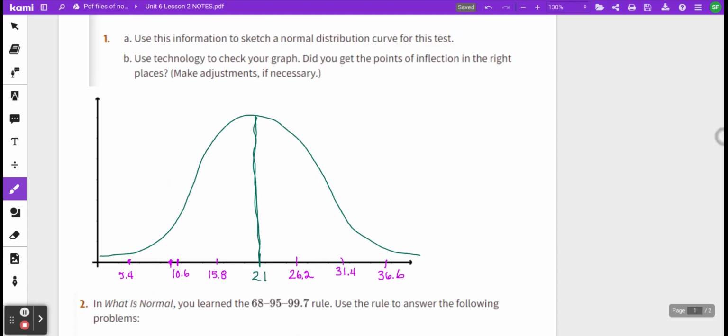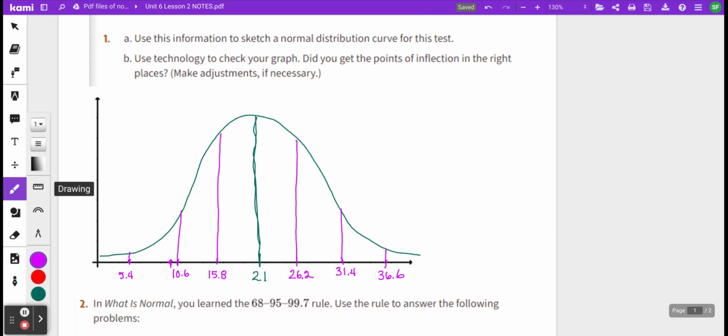Okay. And I'm going to go ahead and just draw straight lines up. These are your inflection points.